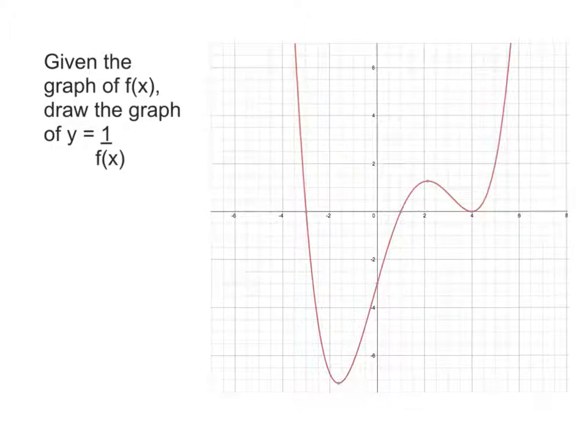You're not going to be asked to draw a whole function like that, but you could be asked something like, when you take the reciprocal, how many invariant points will this have? Or you could be asked, how many vertical asymptotes does it have? Or where does this particular point transform to? Those kind of questions they could ask you, and that's why you need to be able to do this.